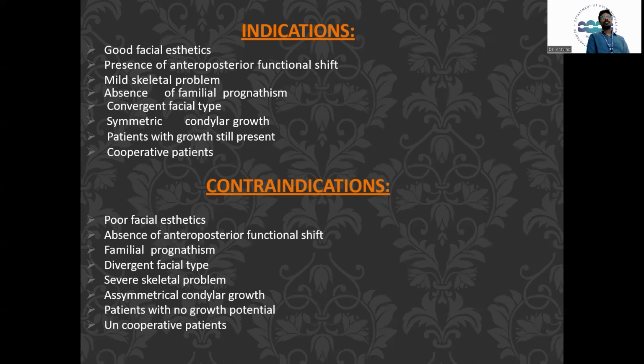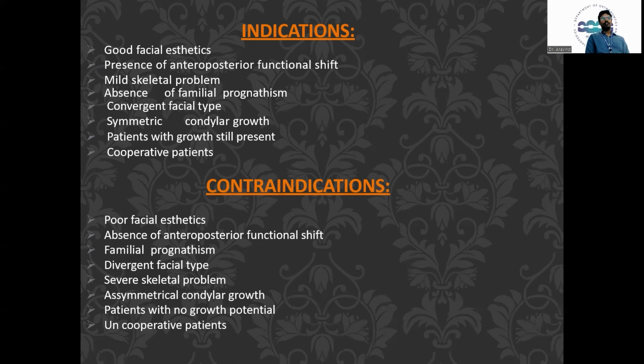Indications for interception of class 3 malocclusion during growth periods are: if the patient has good facial aesthetics, if the patient has an anteroposterior functional shift, if there are just mild skeletal problems, if there is an absence of familial prognathism, if the patient has a convergent facial type, if the condylar growth of the growing patient is symmetric in nature, and most importantly, if growth is still remaining for the patient, which we can check using lateral cephalograms or hand-wrist X-rays.